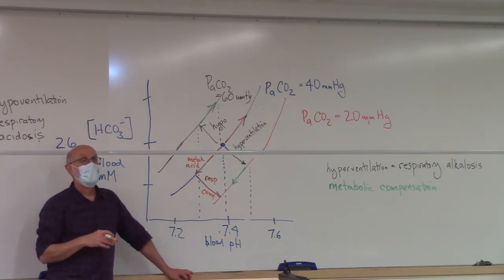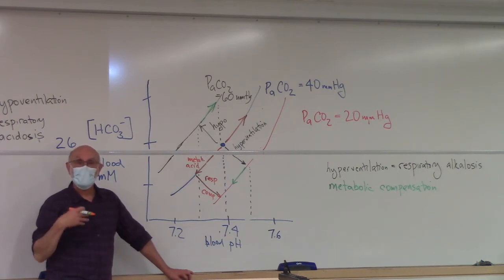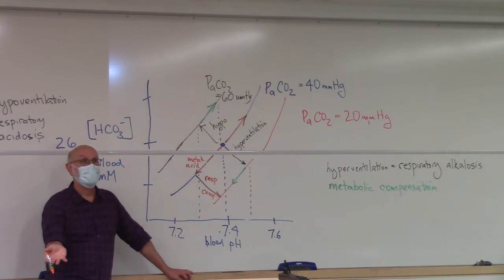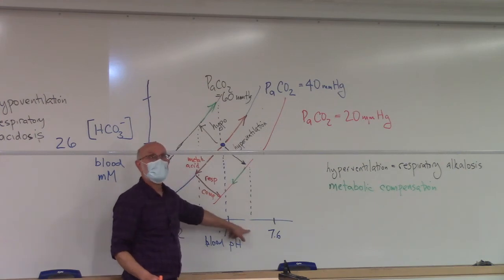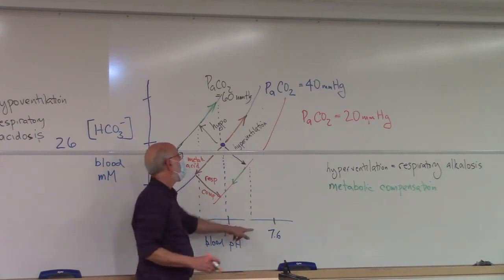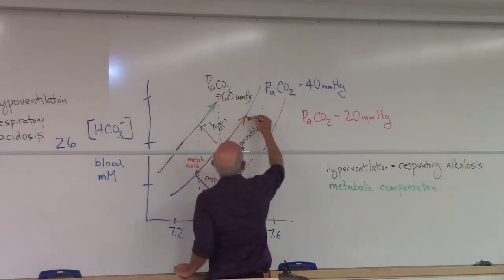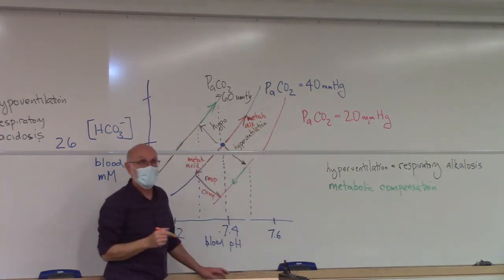Eating a lot of meat? No, that doesn't do it. Vomiting is the excretion of stomach acid. If you have uncontrolled vomiting, which happens, you will go into metabolic alkalosis. We're going to do this again when we get to the kidneys.